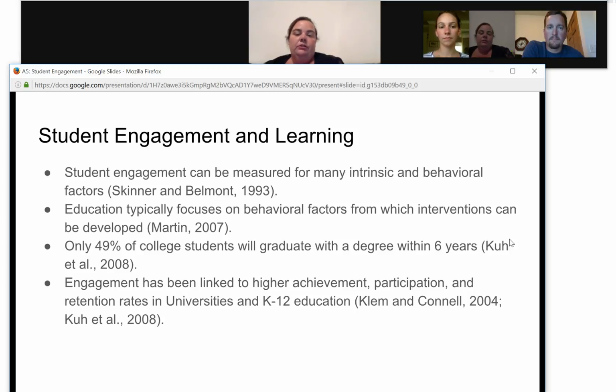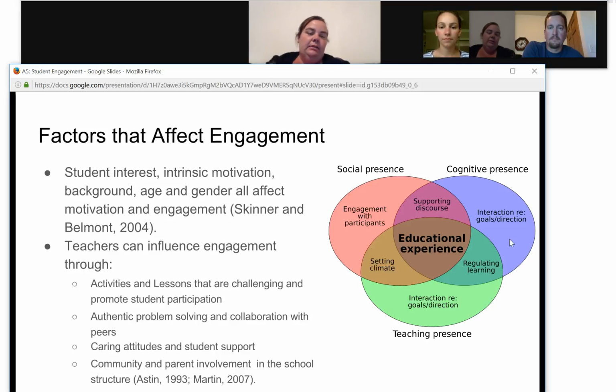The reason it's important in colleges is that about 49% of college students that start as freshmen will have a bachelor's degree within 6 years. Many of those students drop out and never return to college. Engagement has been linked to higher achievement in school, higher participation, and retention rates, both at universities and through middle schools and high schools.